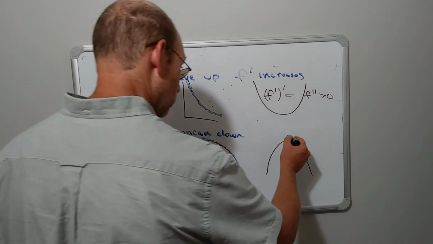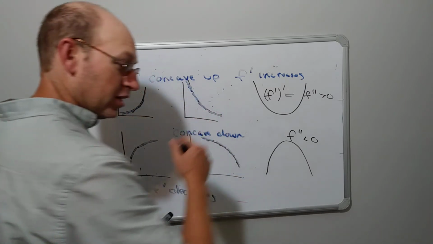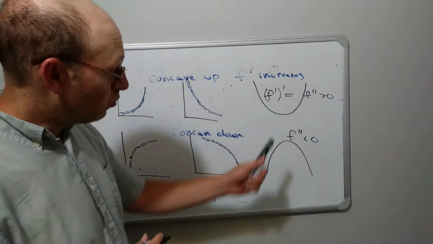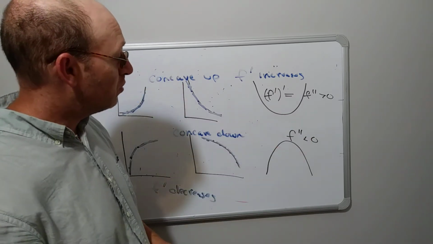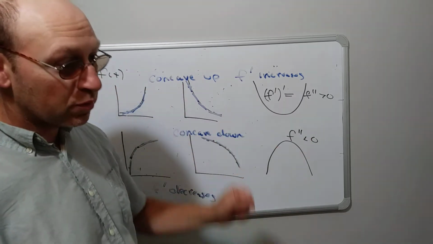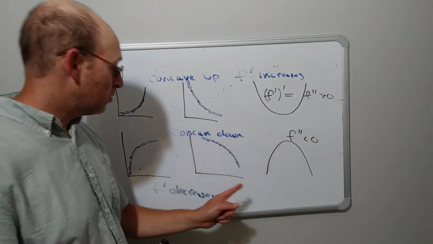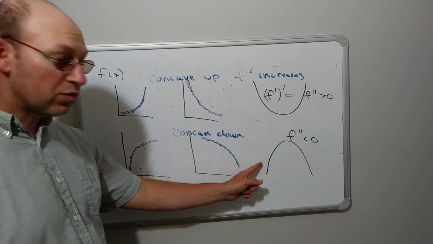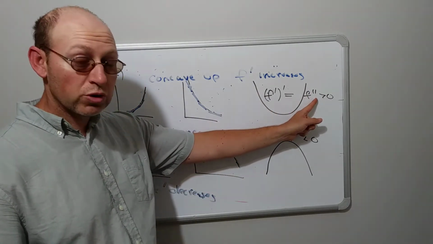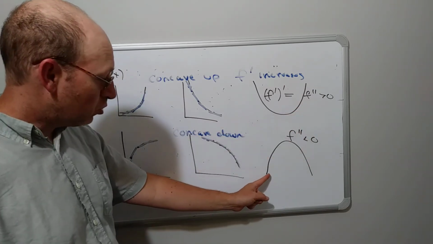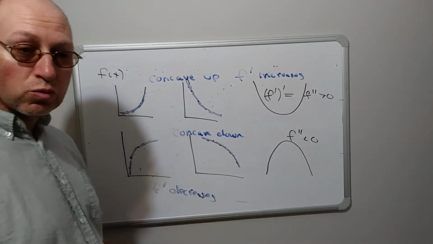And in this case, when the second derivative is negative, sorry, I think I said that wrong. When the second derivative is positive, the function is concave up. When the second derivative is negative, the function is concave down. So along any part of this graph, the second derivative will be positive. Along any part of this graph, the second derivative would be negative.